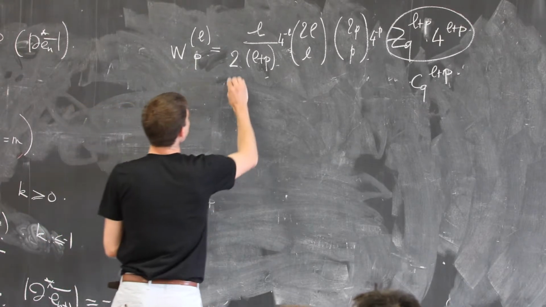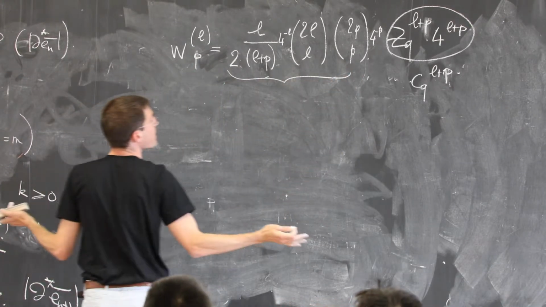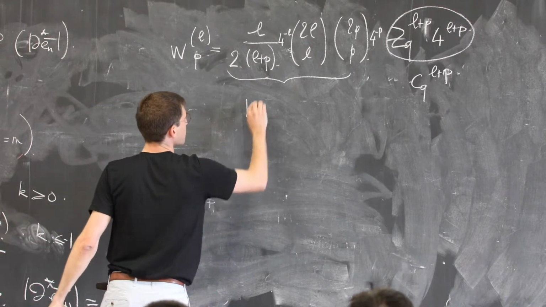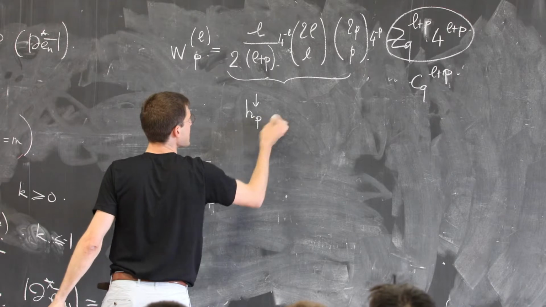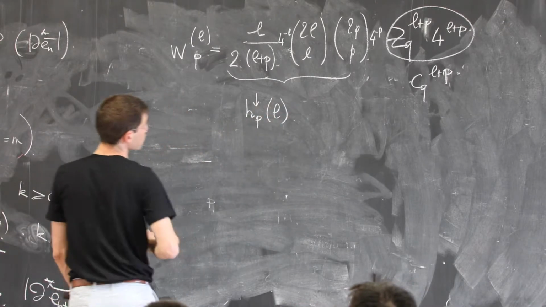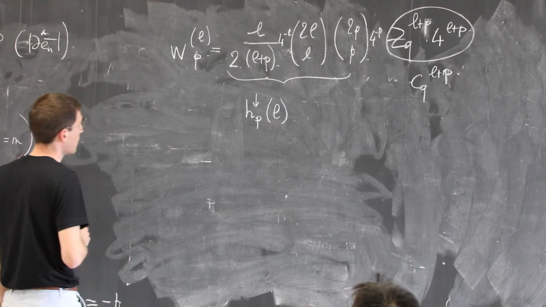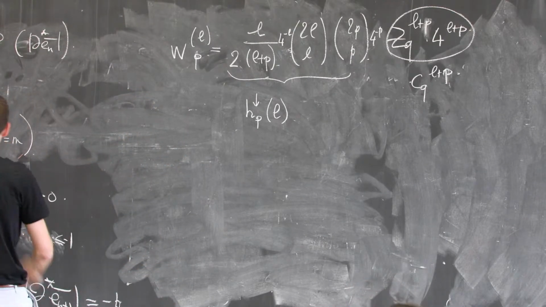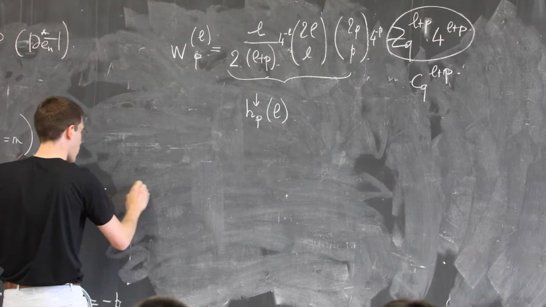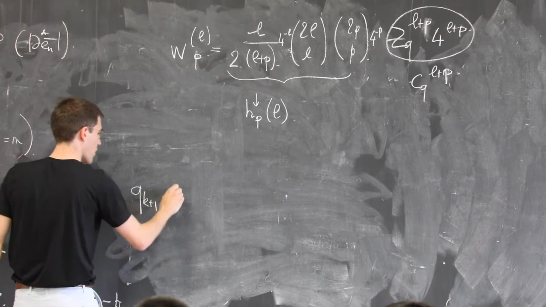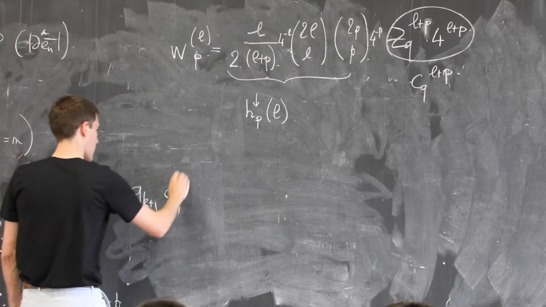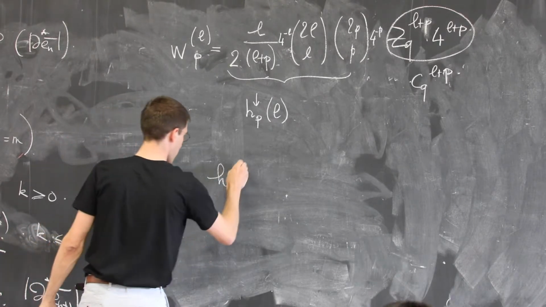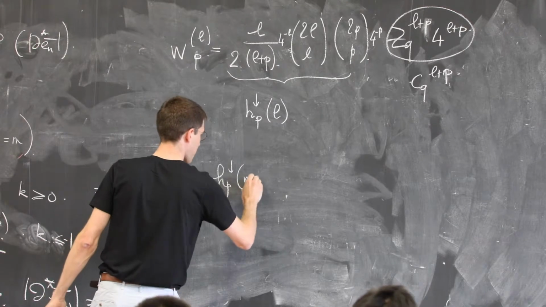Okay, and let me call this function, which depends only on L and P, let me call it H, down arrow, P, L. It's a pretty simple function. Okay? So if you plug this into this formula, you see that this is actually equal to, okay, I go a little quick, but I spare you some calculation.